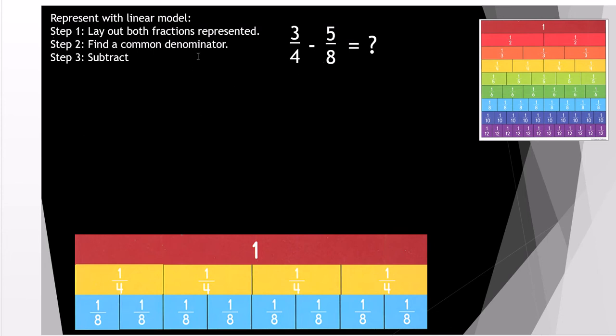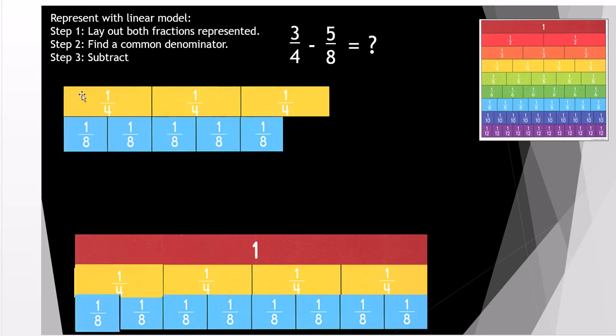Once we read our instructions, our steps, we can begin. Step number 1, lay out both fractions represented. Okay, so I have 3/4 represented, and I have 5/8 represented.